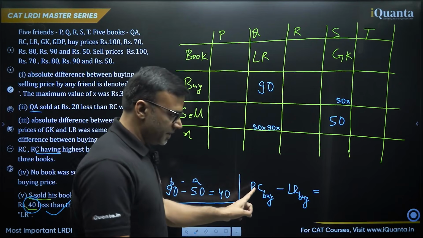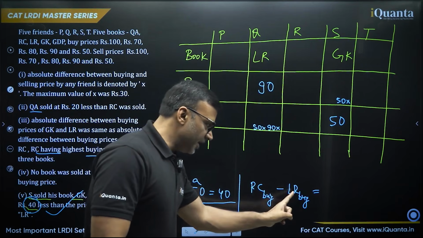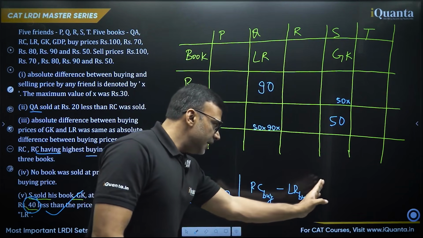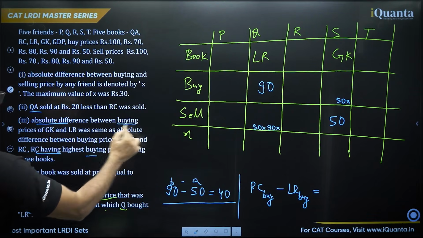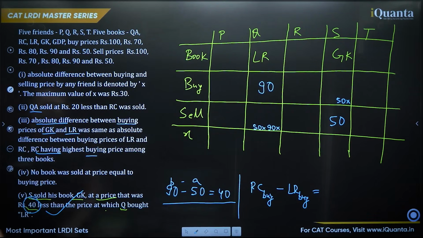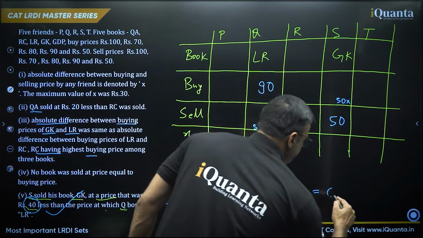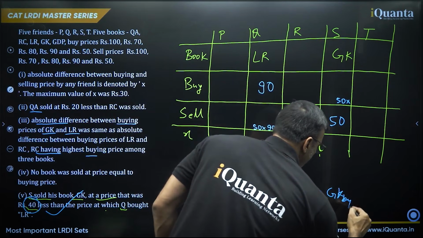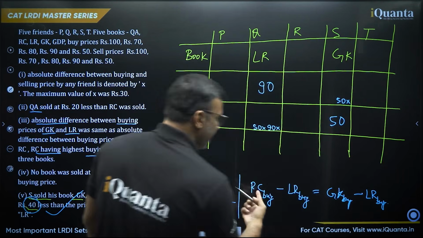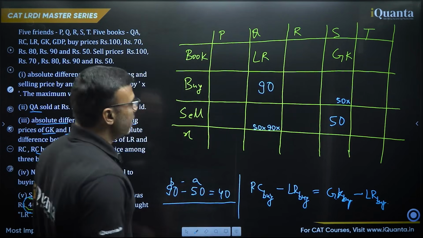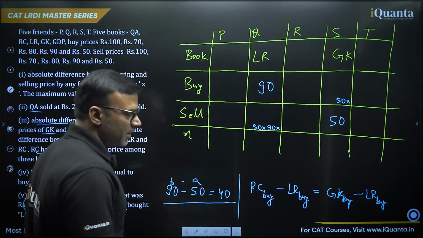See, focus on this. RC has to be the highest, then LR will be lower than this. Then the next information is it should be equal to the absolute difference between buying price of GK and LR. Now, can I write it as GK buy minus LR buy? Is it possible? Because if this is possible, then GK and RC buying price will become equal, which is not possible. All the prices are different.